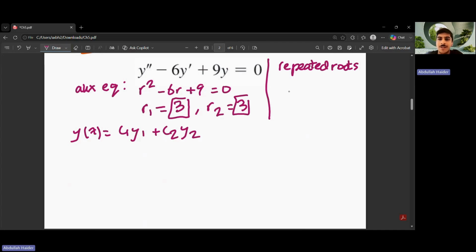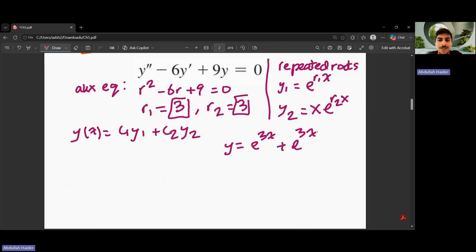So for repeated roots, we take y1 equal to e power r1x, but y2 will now be x e power r2x, always. Why? Because we cannot have e power 3x plus e power 3x. This solution is dependent, as I said before.